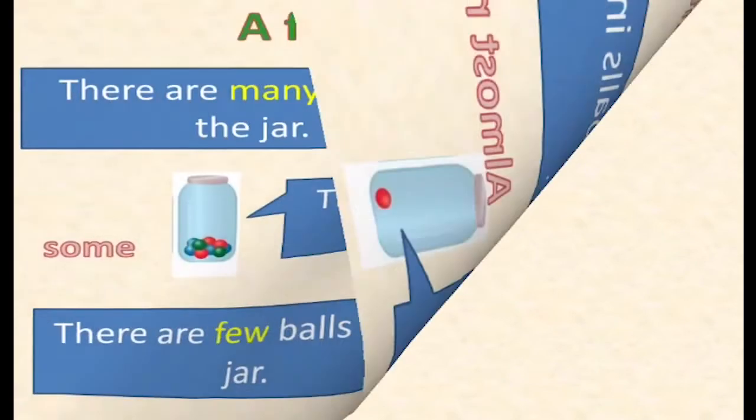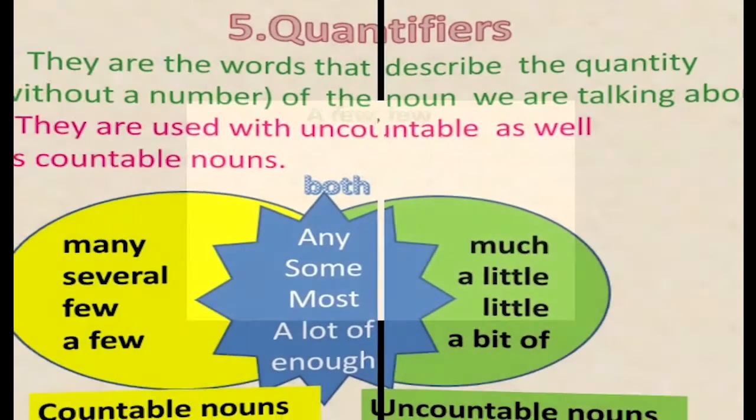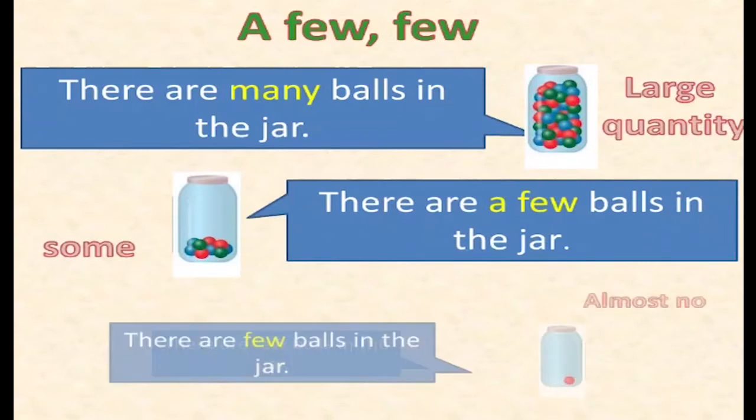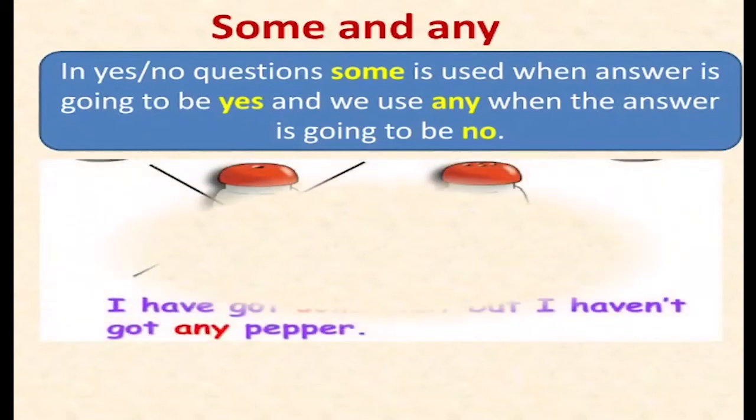Okay, so as we have learnt about a few and few as quantifiers, is it not? Similarly, we are going to learn about some and any, which also are used in the positive and negative context.